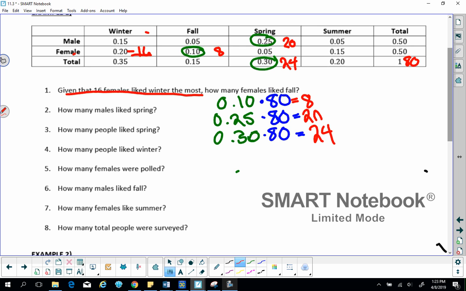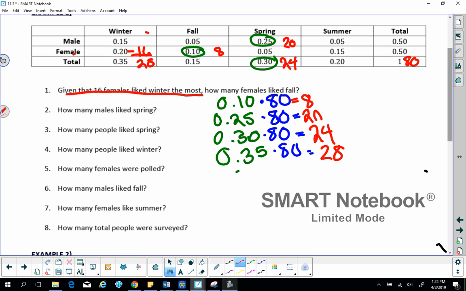What about how many people like winter? Where do I find the decimal for winter? 0.35 times 80. Okay, what are you getting? 28. That's 8.